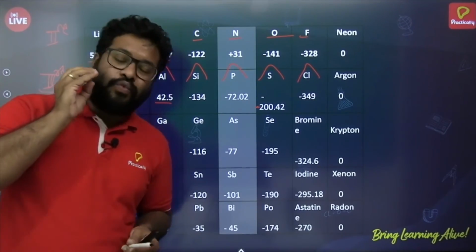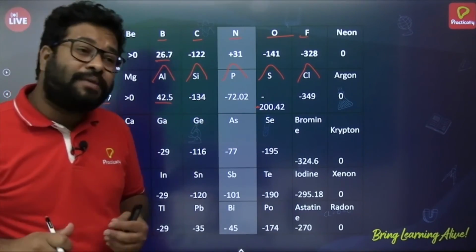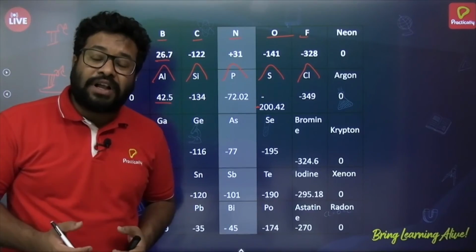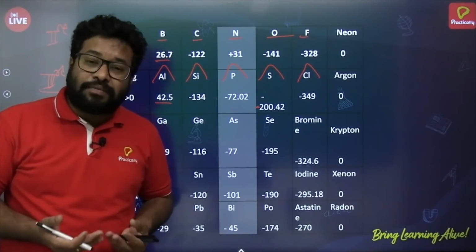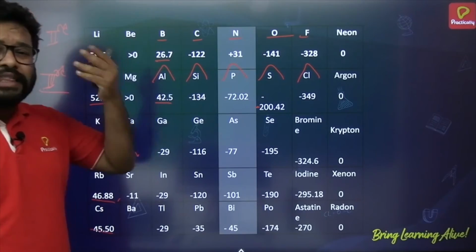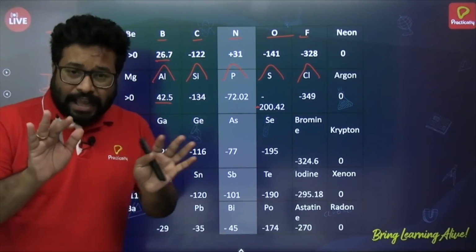But we are paying attention only to nuclear charge. What about the electron density? These atoms already have some electrons, right? Boron has 5, carbon 6, nitrogen 7, oxygen 8, fluorine 9. They have that many electrons.